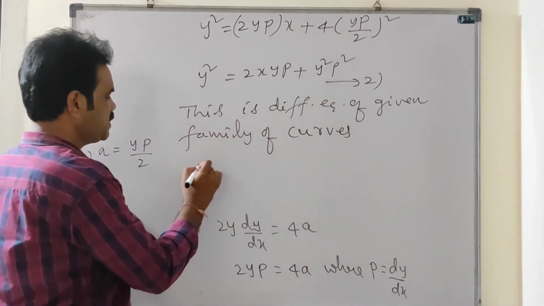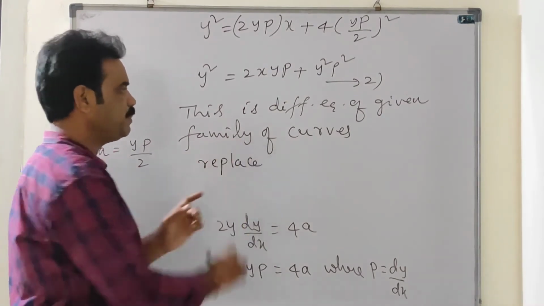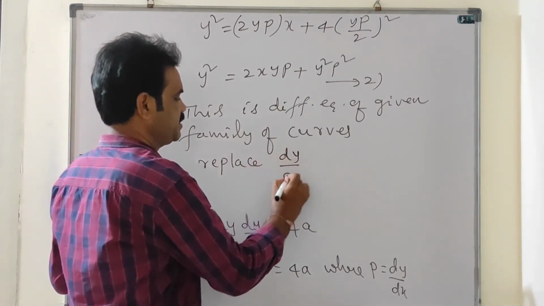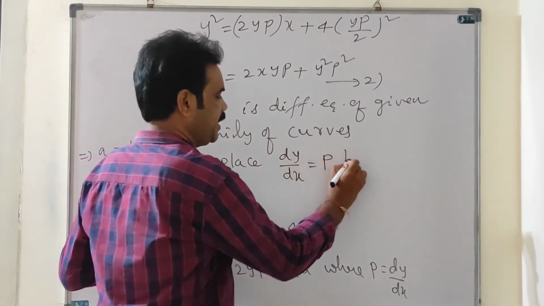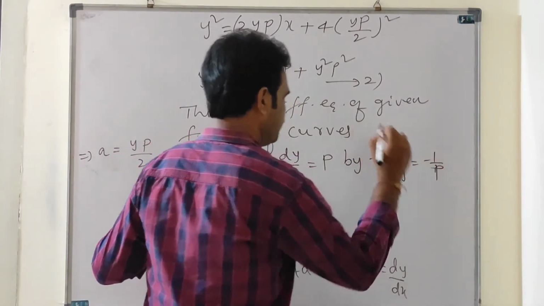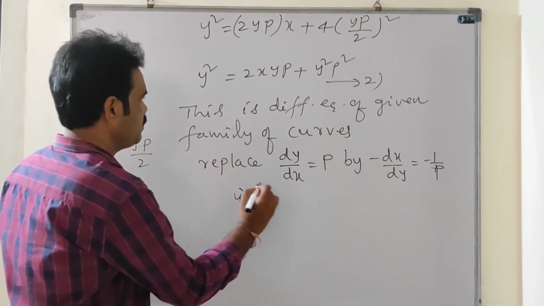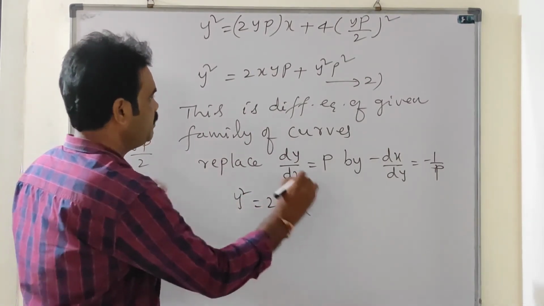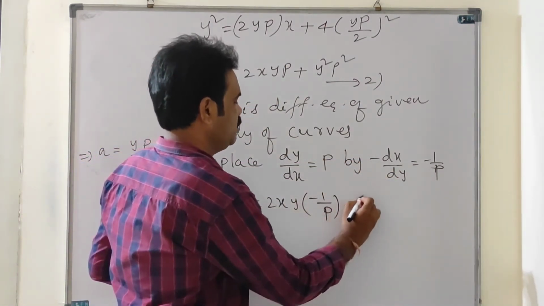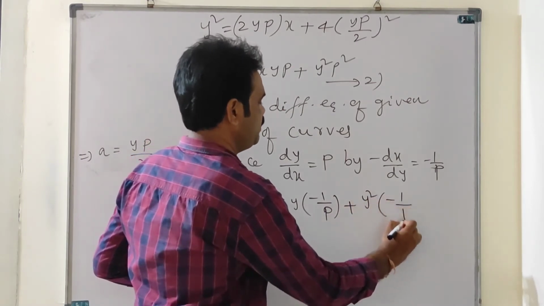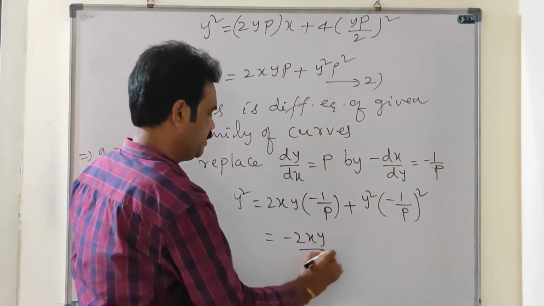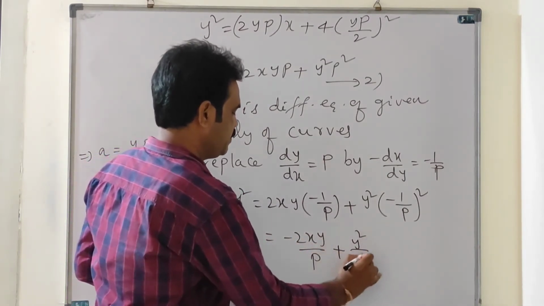Now replace dy by dx by minus dx by dy. Replace dy by dx, that is p, by minus dx by dy, that is minus 1 by p. Y square equal to 2xy, in place of p write minus 1 by p, plus y square into minus 1 by p whole square, that is equal to minus 2xy by p plus y square by p square.